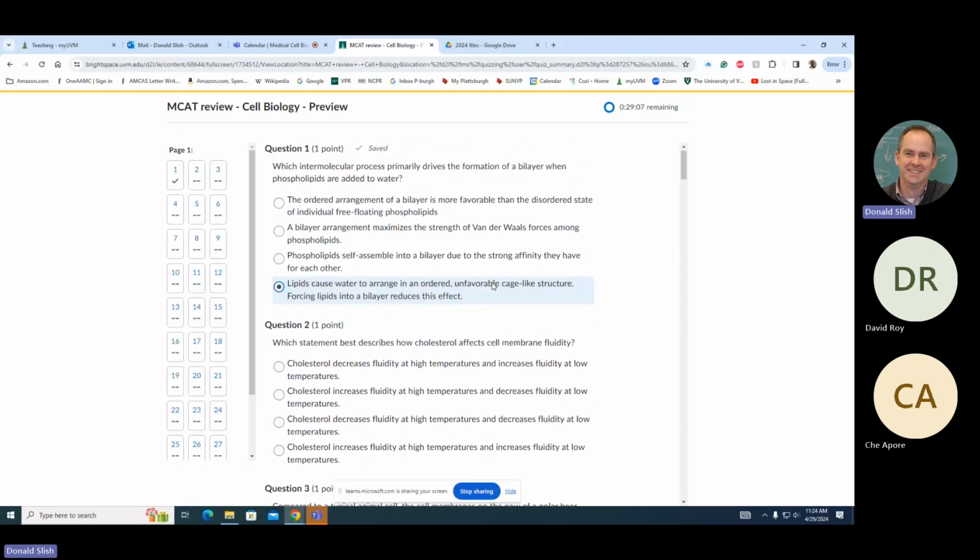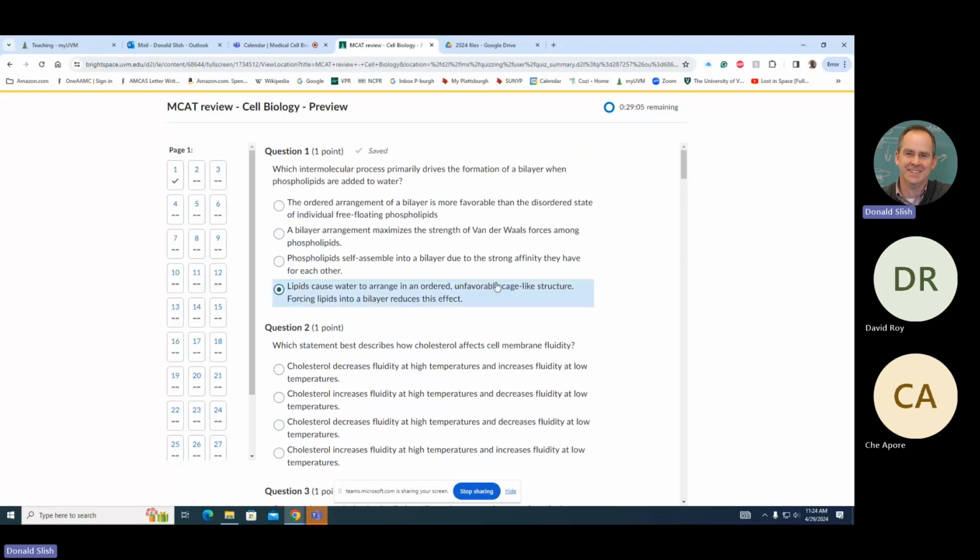Wouldn't the first one kind of be true too? I guess you're talking more in terms of it being more favorable for the water than the lipids? Honestly, this doesn't sound that bad either.